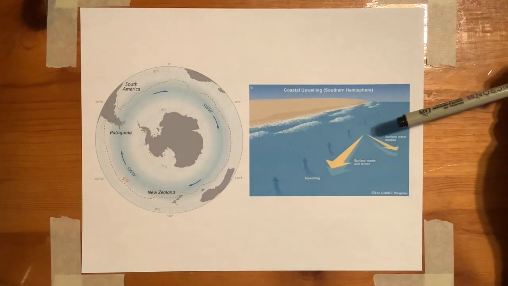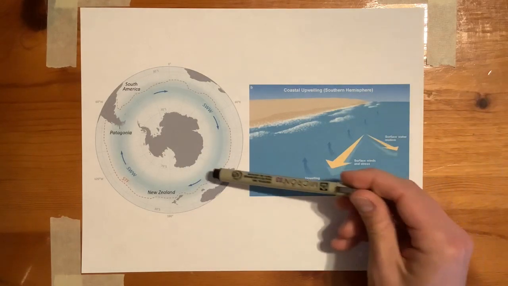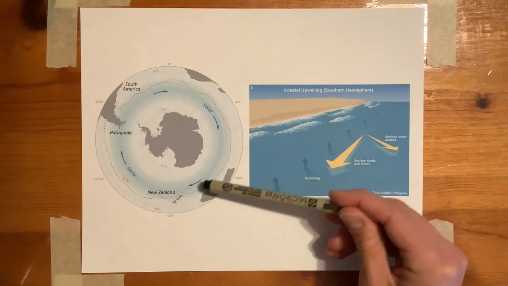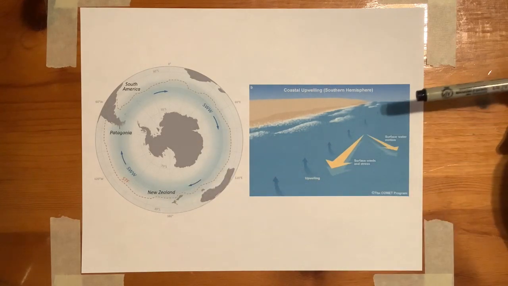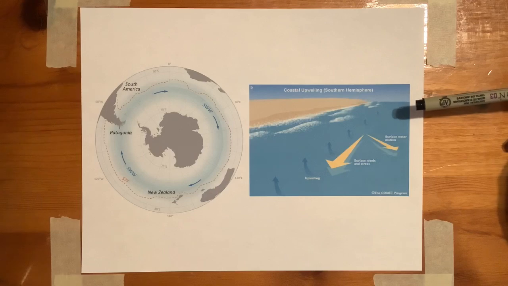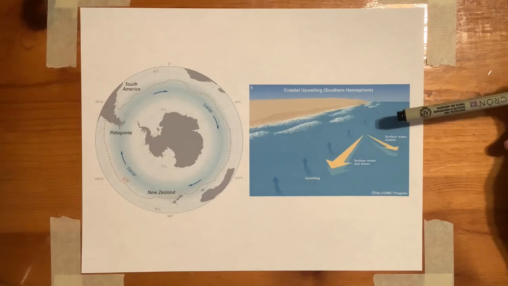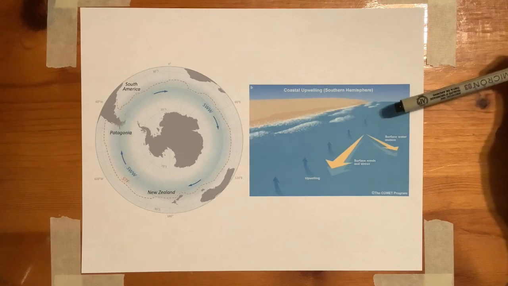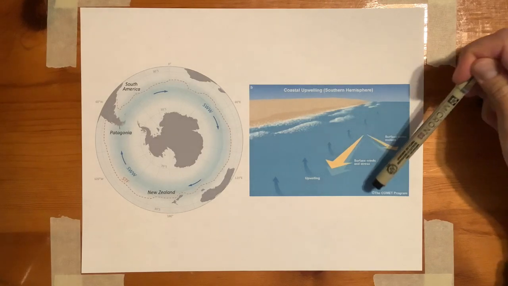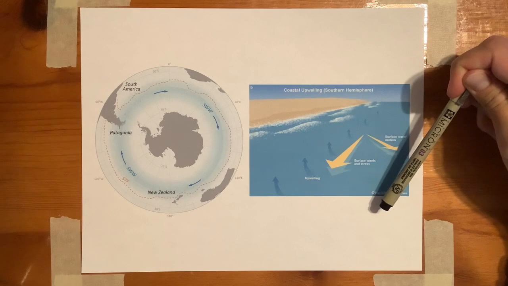And so we've got some wind blowing towards us, which would be in the same direction as shown in this figure here. But remember, in the southern hemisphere, the Coriolis effect causes a deflection of the way things move, right? So it's a deflection to the left in the southern hemisphere.